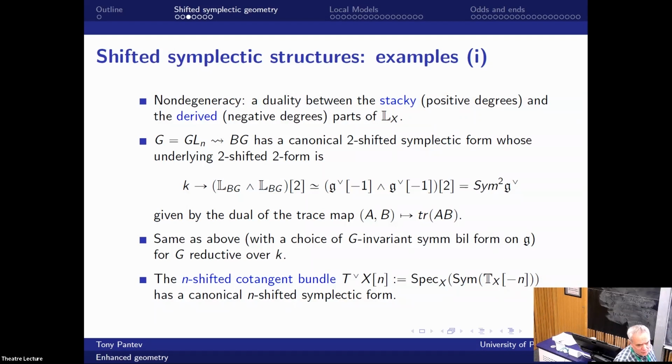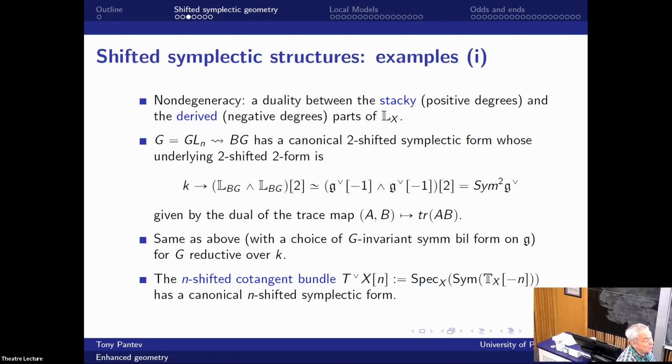A comment which may not be obvious if you see this thing for the first time is that the non-degeneracy condition in the definition of a symplectic form provides a duality between the tangent complex and the shifted cotangent complex. It basically says that up to a shift the cotangent complex is symmetric.